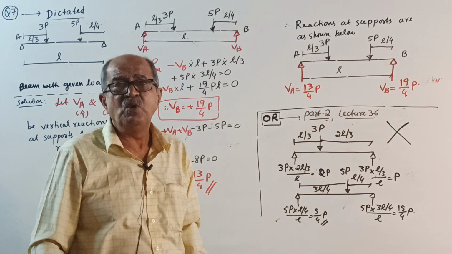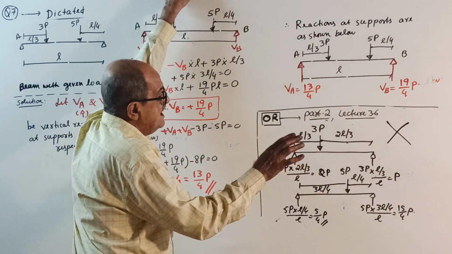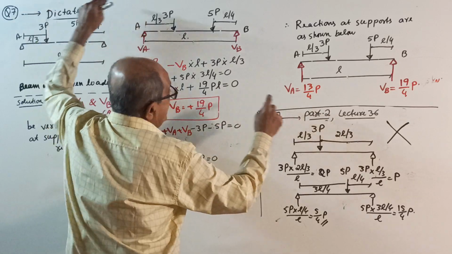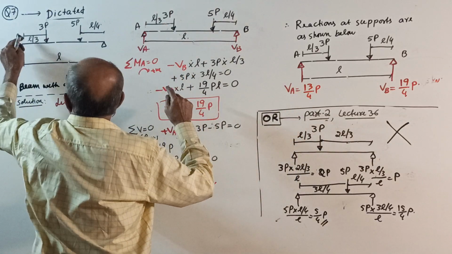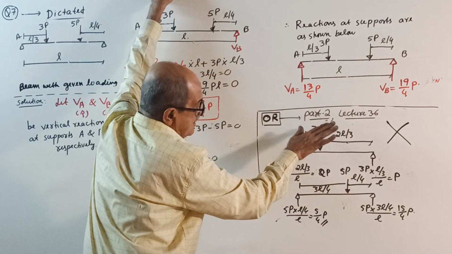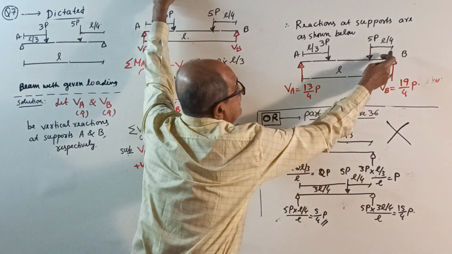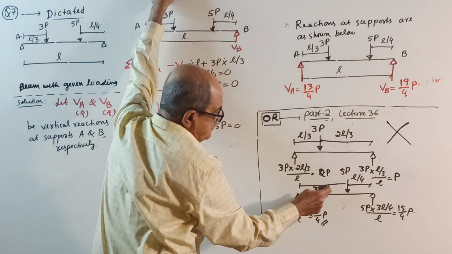Okay, anyway, see here, just to understand, bring 3P here. 3P is at L by 3 here. If it is L by 3, that is 2L by 3. Then below, bring 5P here. For 5P, that is L by 4, this will be 3L by 4.